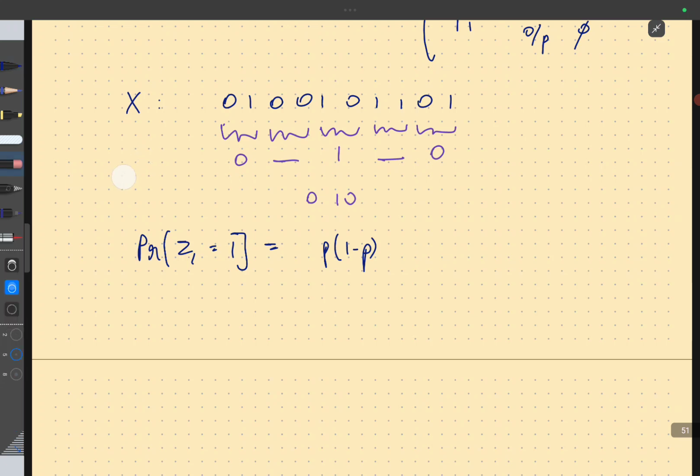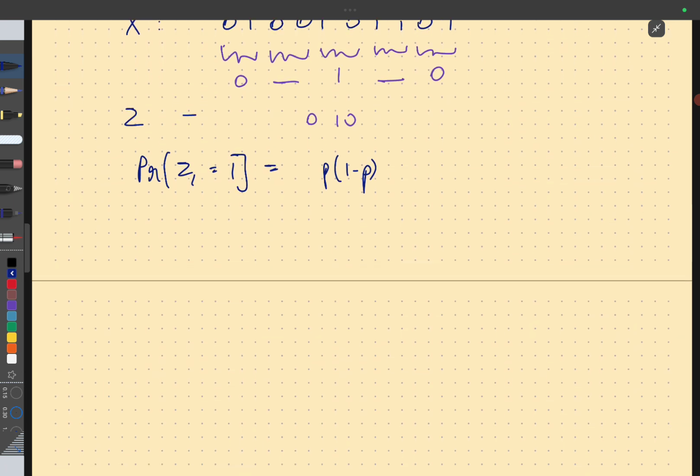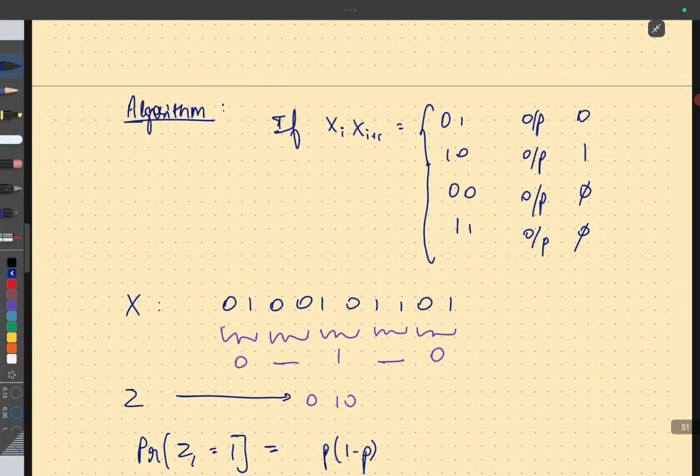So this is my Z string, to be more precise. I output a 0 or I output a 1 only if I get 1 0, but I could potentially have got multiple empty strings before that.